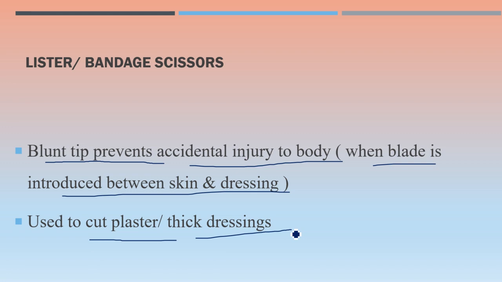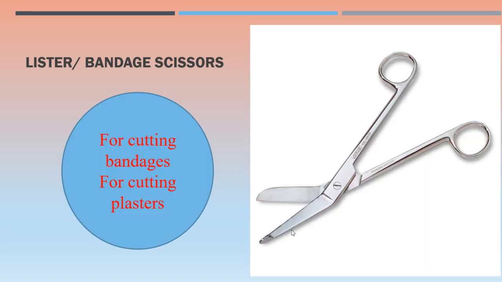With these non-tissue cutting scissors, please don't cut the tissues, or vice versa, right? You must have seen this picture before. The Lister scissors or bandage scissors are slightly angulated with a stout distal end, for cutting bandages, plasters, and dressings.